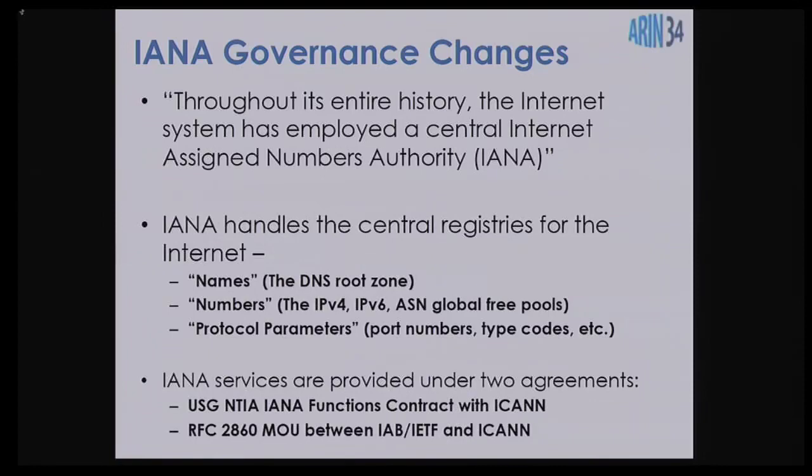Presently, the IANA operates under two different documents. One is a contract with the U.S. government, the IANA Functions Contract. It is provided for by NTIA, the Department of Commerce. NTIA, the National Telecommunications and Information Administration, has a contract with ICANN for ICANN to provide these IANA registry services.